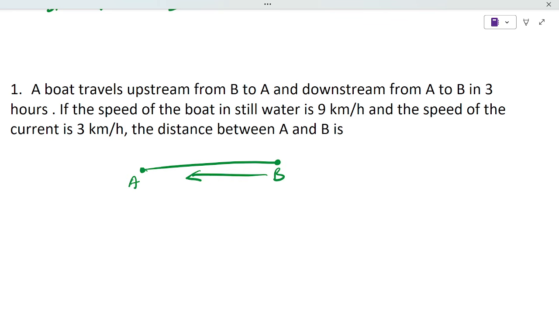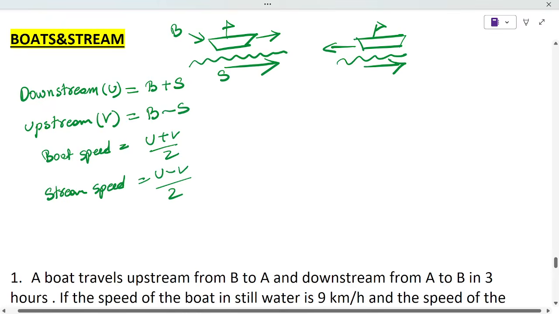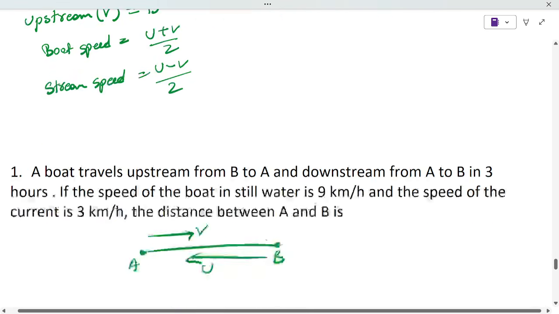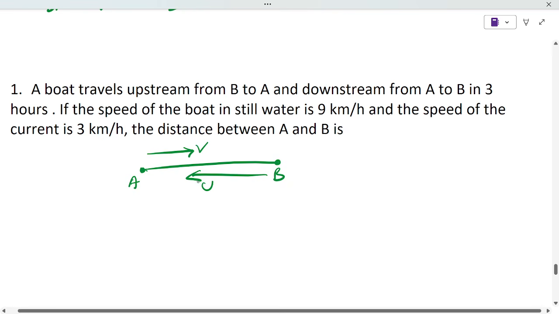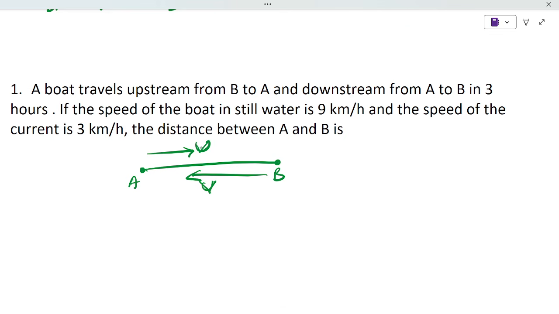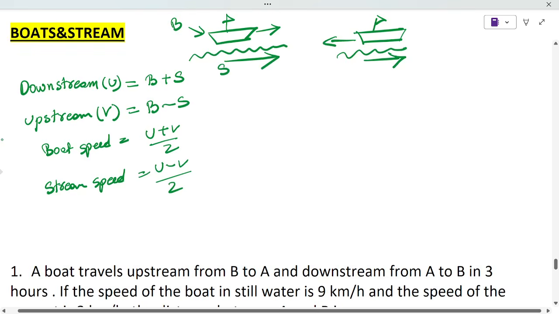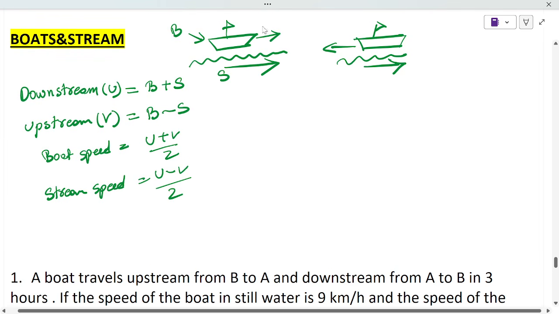If it's upstream, it is U, and if it's downstream, it is V. Actually, we did it the wrong way, right?